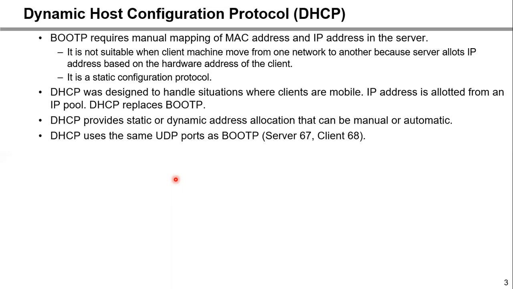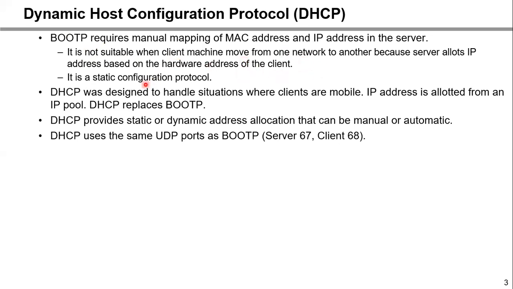So what happens is the bootp protocol gets executed immediately, and there is a bootp server which allots the IP addresses to the machines. But there were a few problems with bootp. It was manual mapping and all these things.